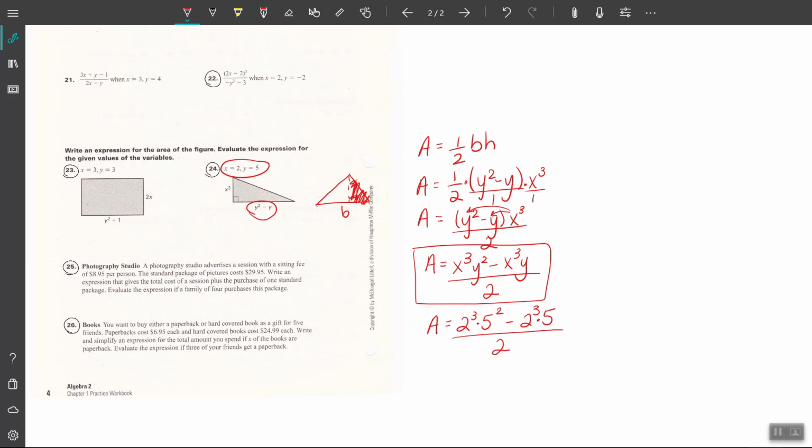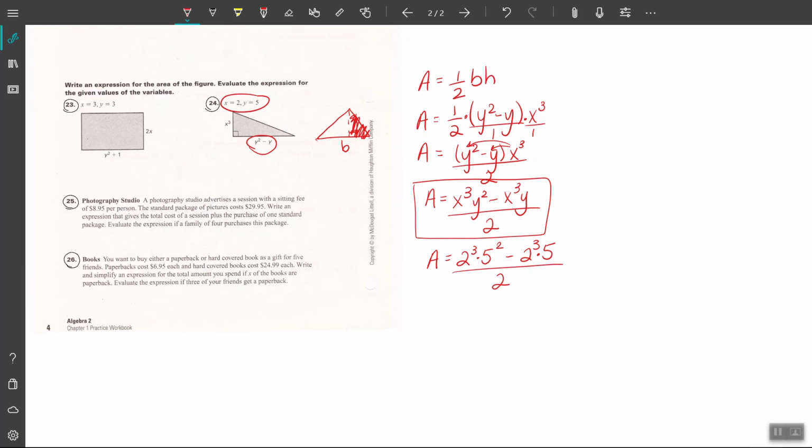So now here we have to go back to PEMDAS again. Parentheses, exponents is the e, so I'm going to take care of that 2 cubed, the 5 squared, 2 cubed again. All right, and now here, according to PEMDAS, I need to do that multiplication that I have there first.